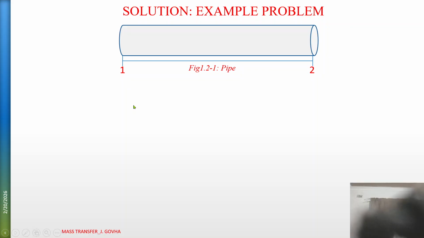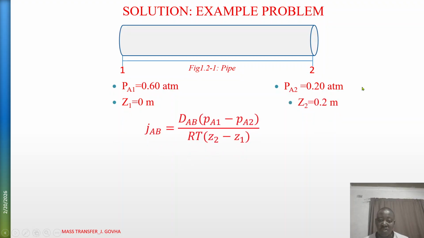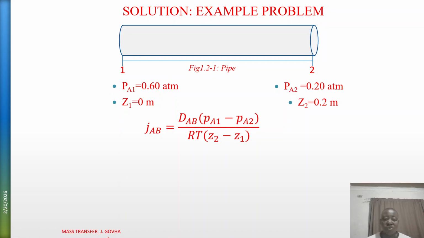Here is figure 1.2, one pipe, and we have our points, and we add the relevant data, Z1 and Z2, so that's easier. You'd find that our data is given in the form of partial pressures, so it will be far easier to employ the equation that makes use of partial pressures, as you can see there.